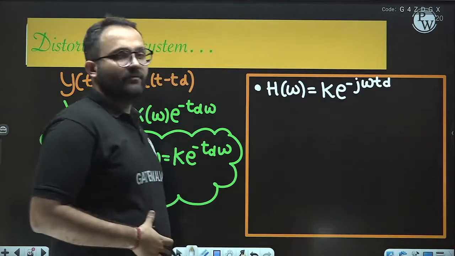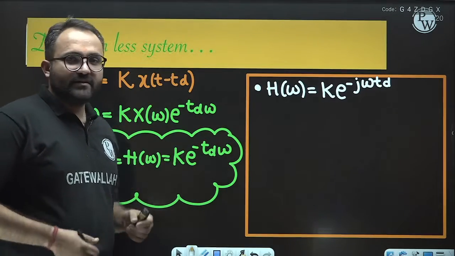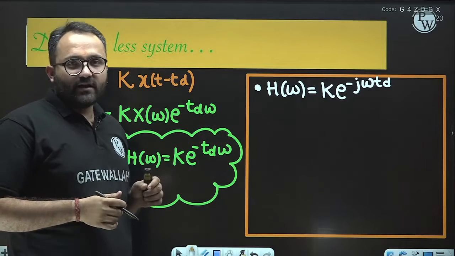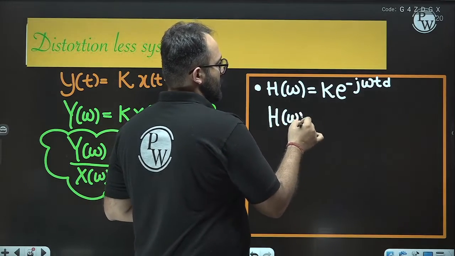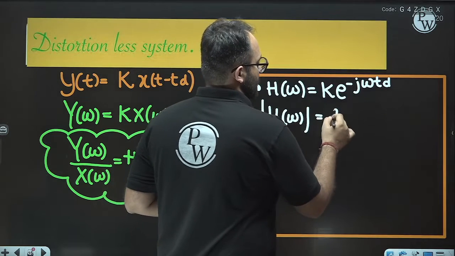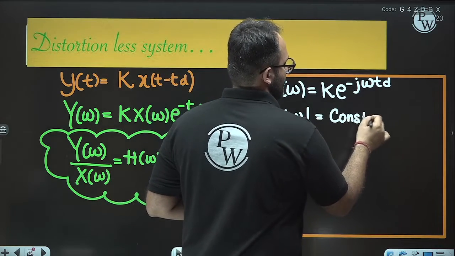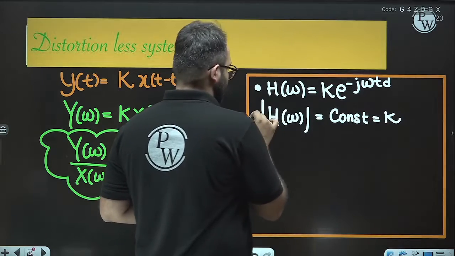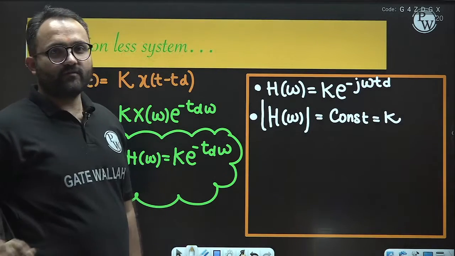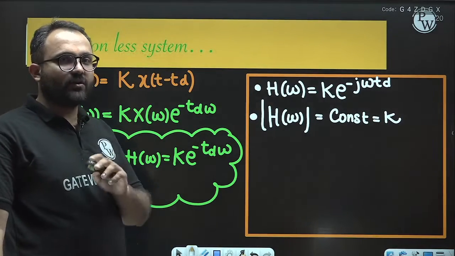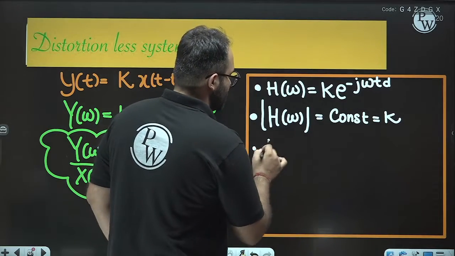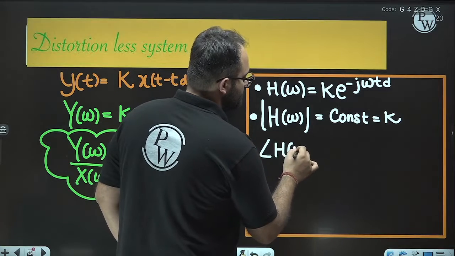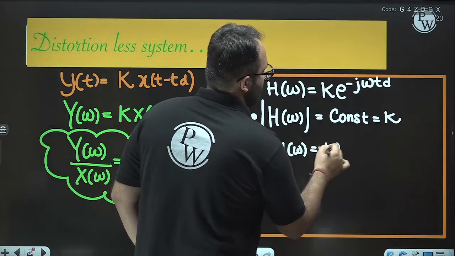Okay, now here we can see that the magnitude of H(omega) is constant, equal to k. The magnitude of H(omega) is constant equal to k, meaning it is constant for all the frequencies, and the phase is minus omega td.